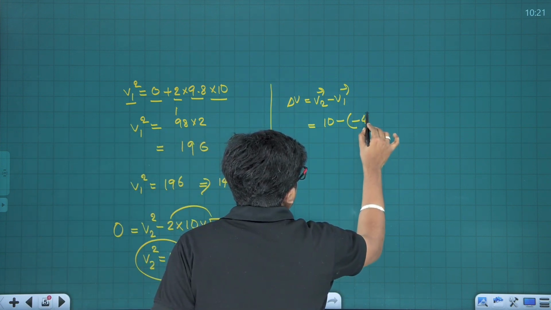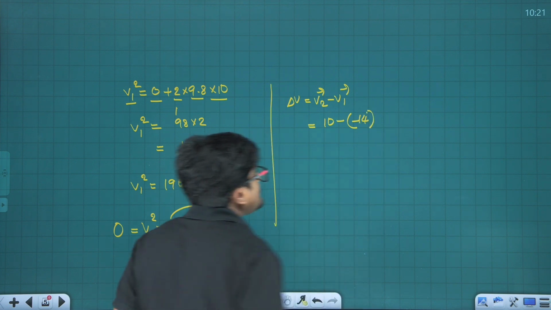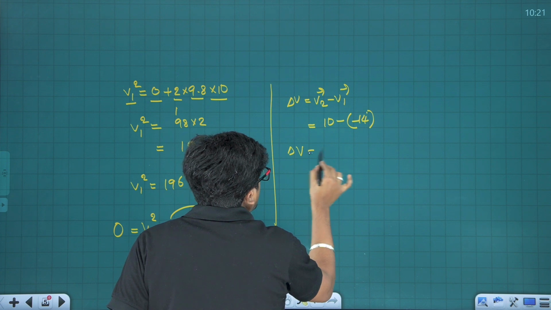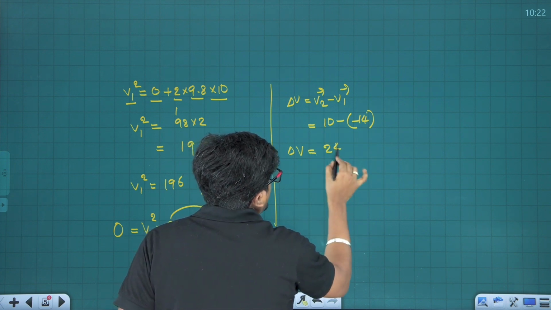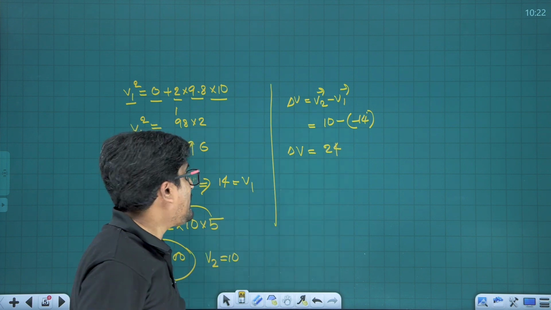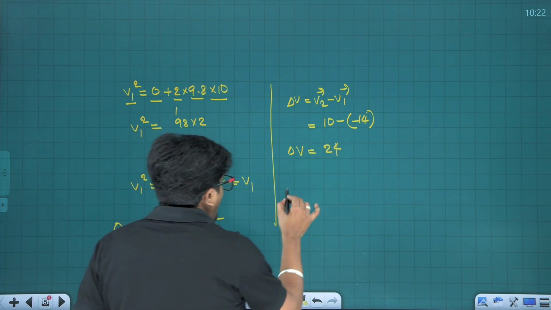So delta v is equal to 24. 14 is downward, that is why I took it as minus. So delta v is 24.